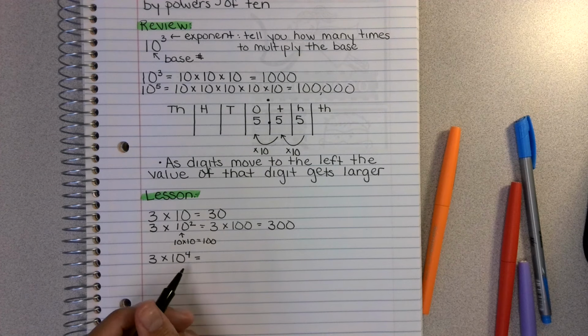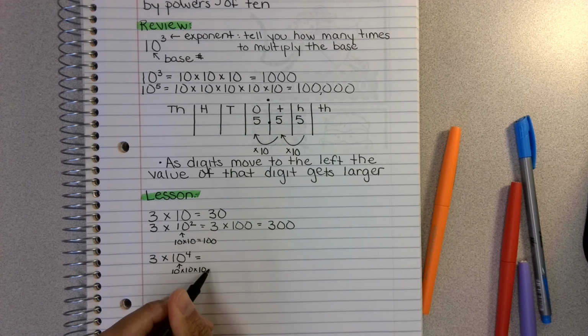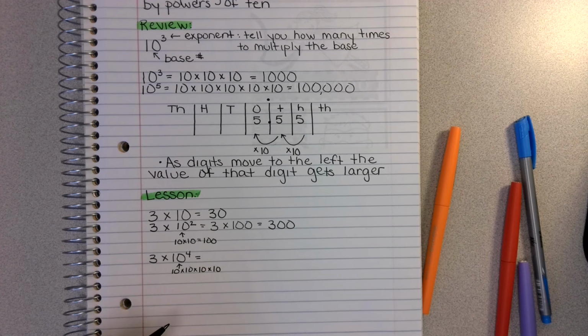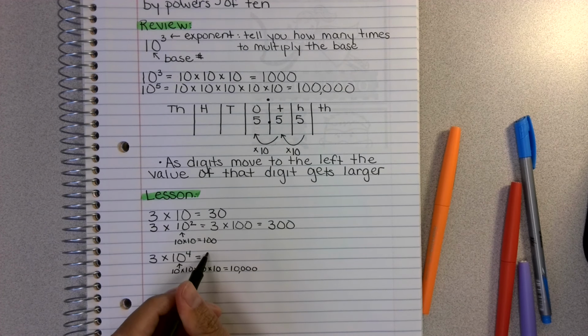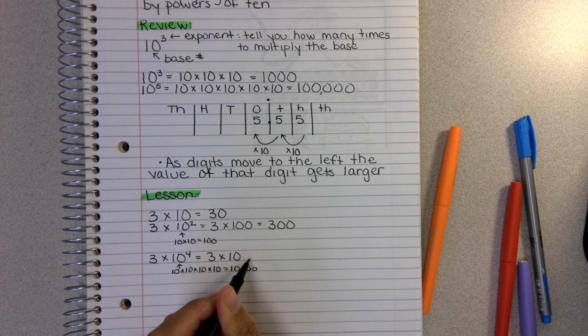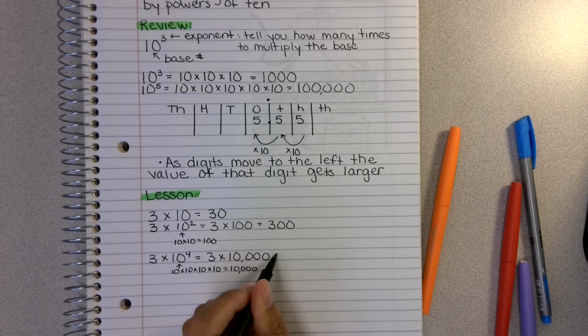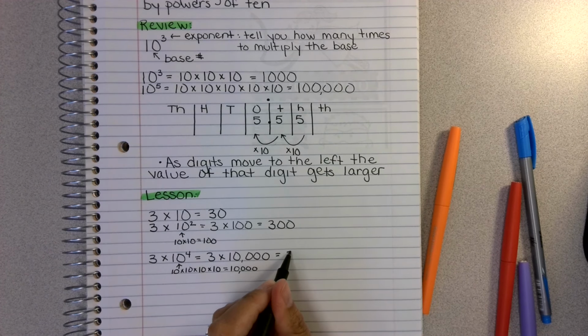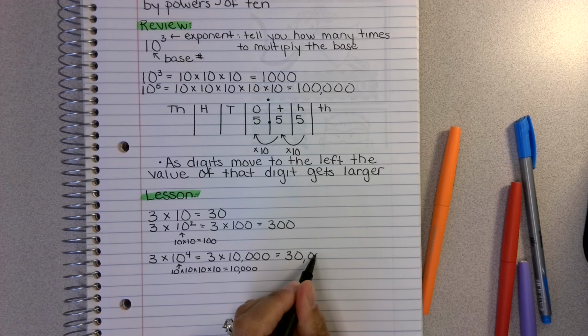Well, you know 10 to the fourth power equals 10 times 10 times 10 times 10, which equals 10,000. So 3 times 10,000 equals 30,000. Okay, so I just added a layer on there.